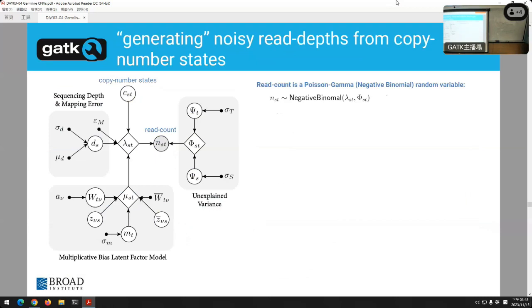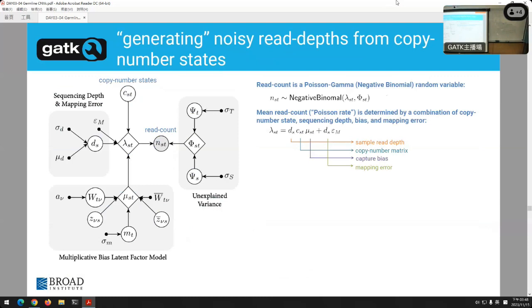And we can write a bunch of equations to describe the relationships between these parameters. First, we said earlier that the read count is a random variable, so we can model it with a Poisson gamma distribution, also known as negative binomial. Then we can write an equation to describe the relationship between the read count and all these other factors: the copy number state, the sequencing depth, mapping error, and our latent bias factors.